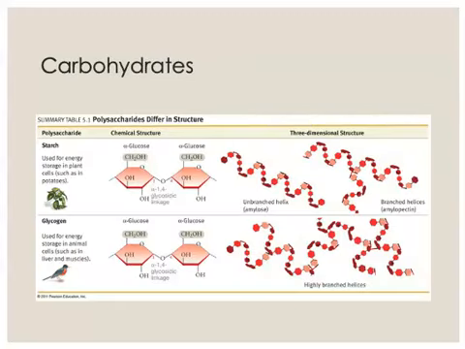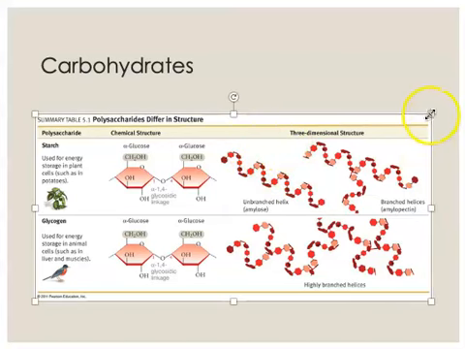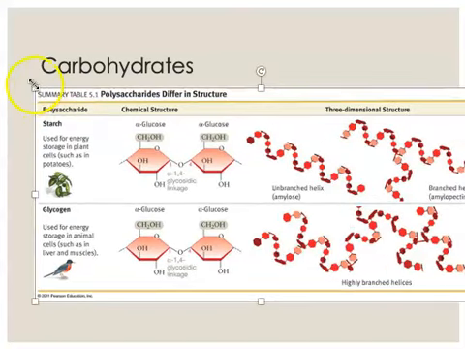On this slide, we're looking at the first part of a table that compares these polysaccharides. This table comes out of a textbook, and I included it because it's a nice way to draw comparisons between the structures and the functions of these different polysaccharides. So in this first part of the table, we're comparing starch and glycogen.